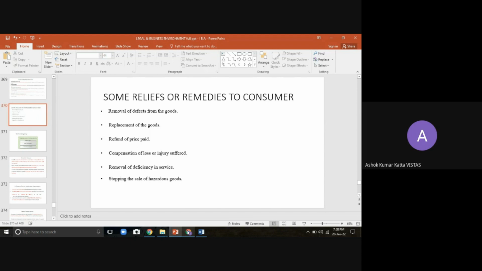If any kind of inconvenience or injury happens, like with something flammable, or there is a scope for an accident, with those kinds of products you can file a case against the company, not only for refund of the money, but also ask for compensation.